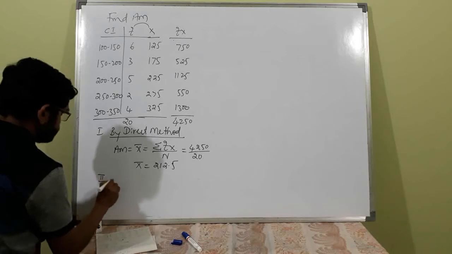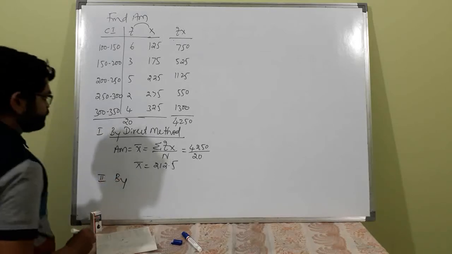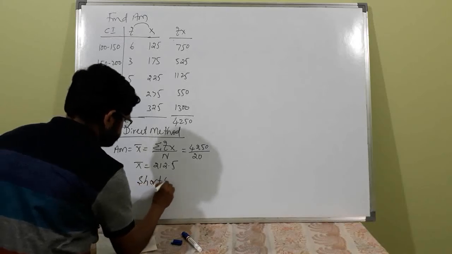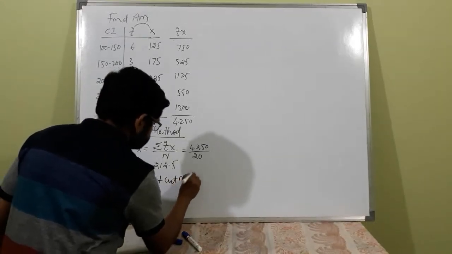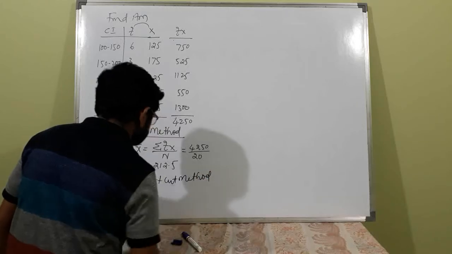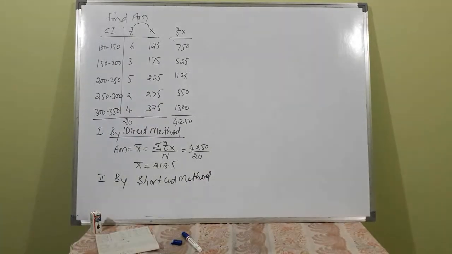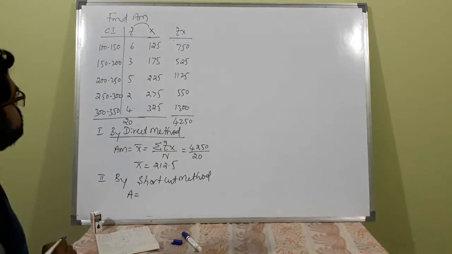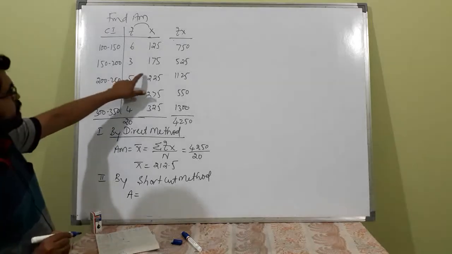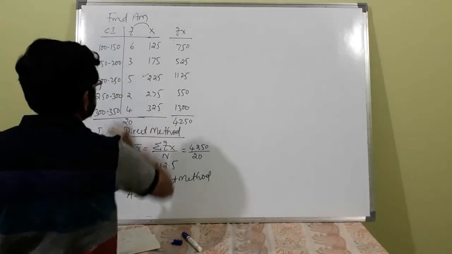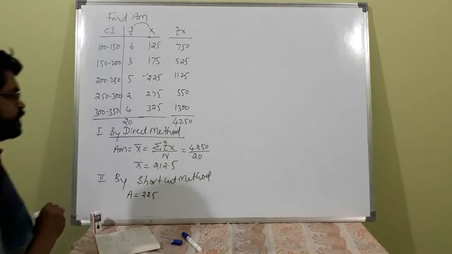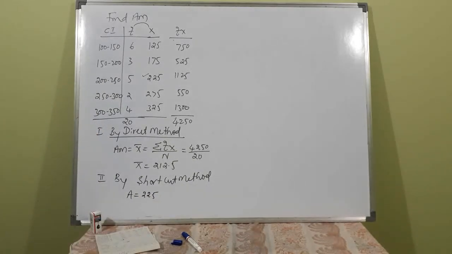Now by shortcut method, another method is, here you have to find A. First you decide assumed mean. Let us consider the middle value again, 225. Middle value is 225.